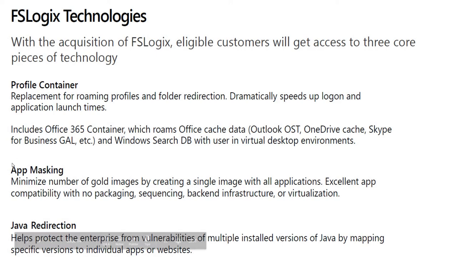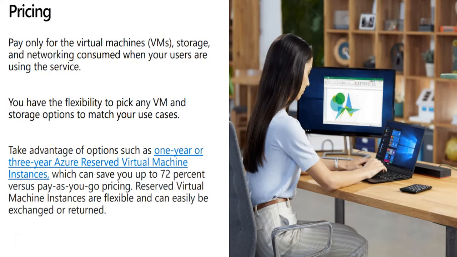So you can use profile container for that, and you can do app masking and Java redirection, where multiple versions of Java can be installed. And coming to pricing, you'll be charged for the virtual machine, the storage account, networking bandwidth, and also for the Active Directory domain services.